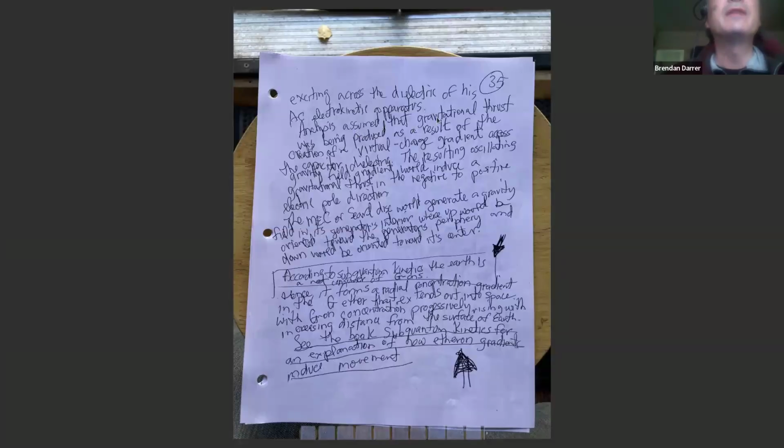Assumed that gravitational thrust was being produced as a result of the creation of a virtual charge gradient across the capacitor dielectric. The resulting oscillating gravity field gradient would induce a gravitational thrust in the negative to positive electric pole direction.